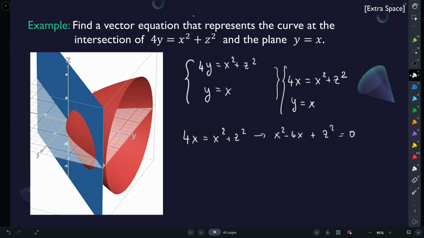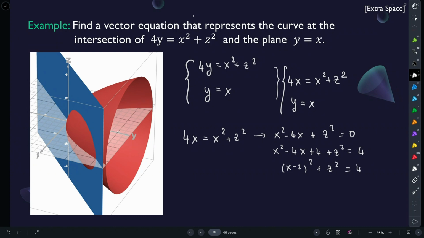And now I complete the square. This is x squared minus 4x plus 4 minus 4, which I'm going to put on the other side of the equation as plus 4. And now x squared minus 4x plus 4 is a perfect square. This is x minus 2 squared plus z squared is equal to 4.